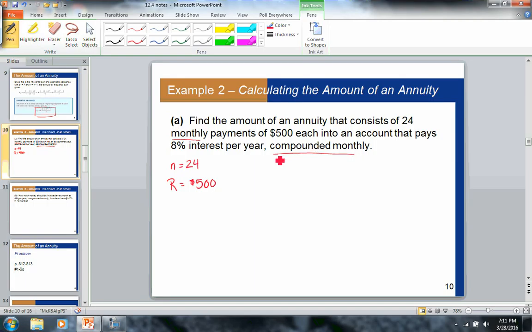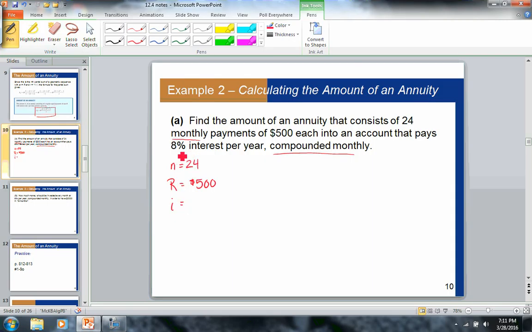Sometimes that phrase might be in the problem. It might say compounded monthly, compounded semi-annually, compounded annually. But it also tells us here that we've got monthly payments. Sometimes that compounded phrase might be in the problem, sometimes it might just tell you how many payments you have. But for our I value, we're going to have 8%.